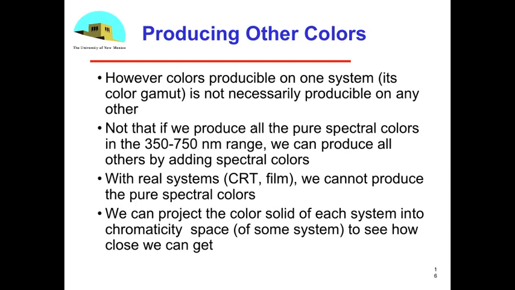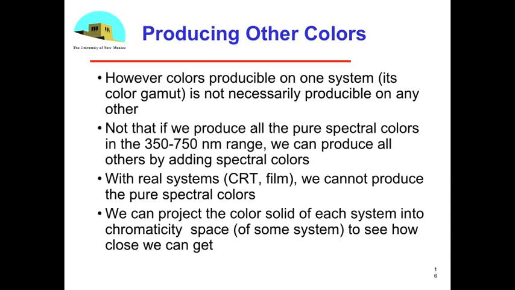Some of them can be negative, and some can be bigger than 1. And if that's true, then you're in trouble, because you can't produce that color in this other system. So it gives you a way, knowing these little 3x3 matrices, of moving between different systems and also telling what's producible and what's not producible within that system.